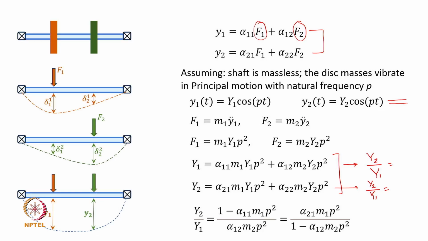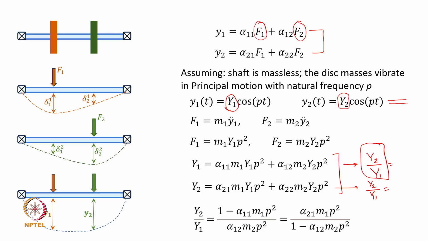Needless to say, once we get these ratios, what are these ratios? What do you call these ratios? Yeah, they are mode shapes, right, because you are considering principal motion and you are expecting the disc 1 to have amplitude y 1 and disc 2 to have amplitude y 2.